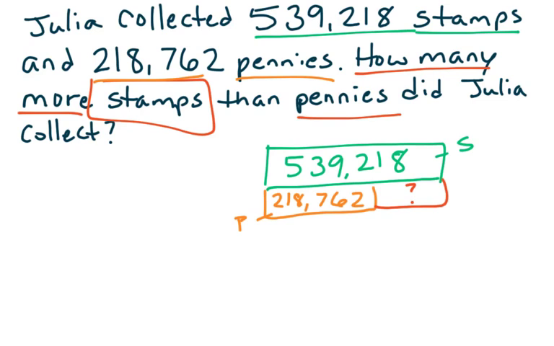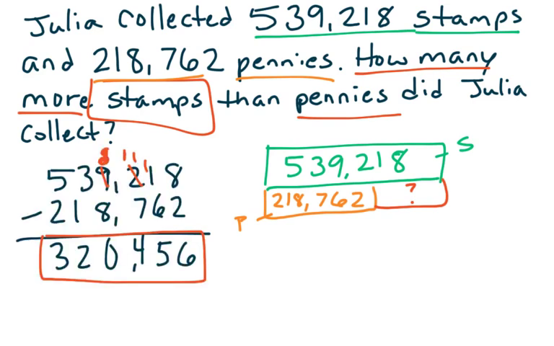In order for me to check my work after I subtract, I'm going to check with addition. So here's my subtraction, and when I subtracted, I got 320,456. In order for me to check my work, I'm going to go ahead and add 218,762 and 320,456.